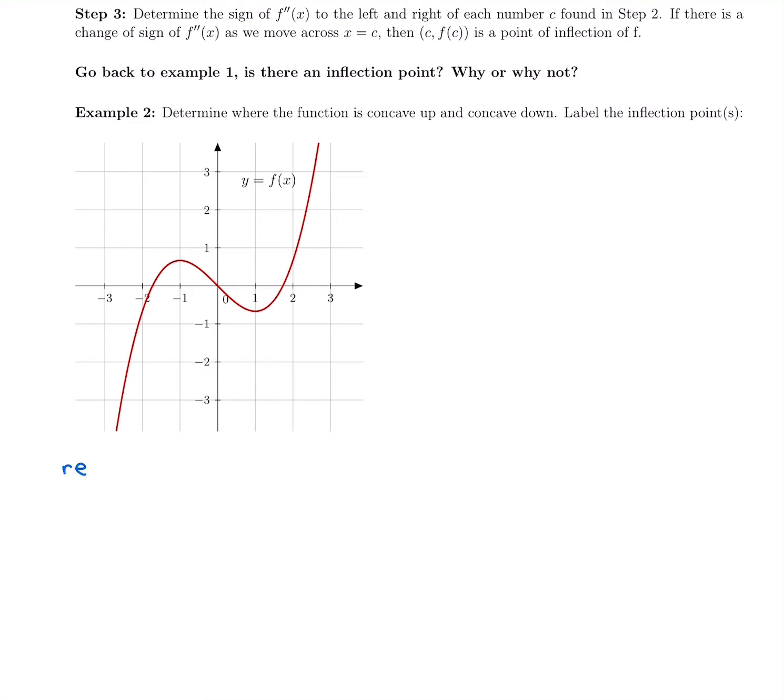So we can start with what's more familiar, a relative max and relative min, which is just going to look at critical numbers. We're looking for critical numbers that have the right sign change, something familiar.